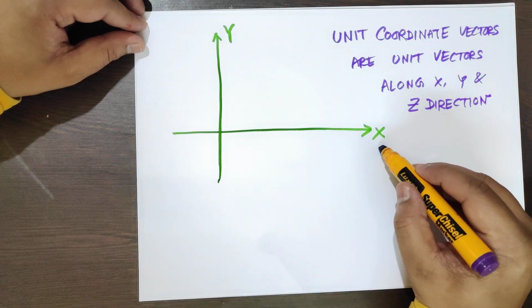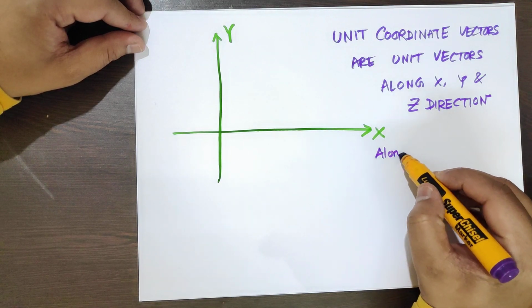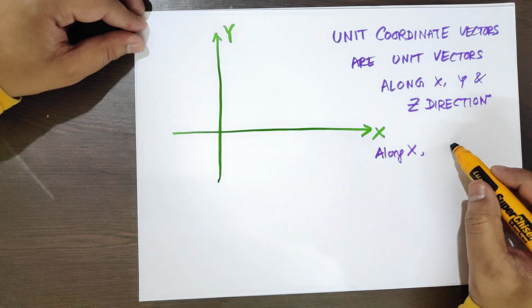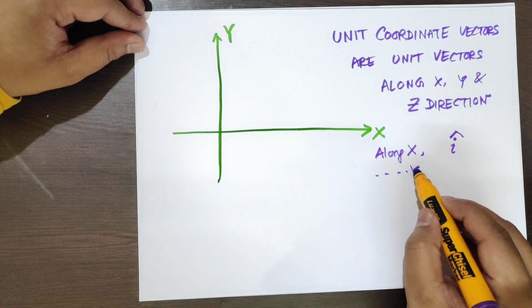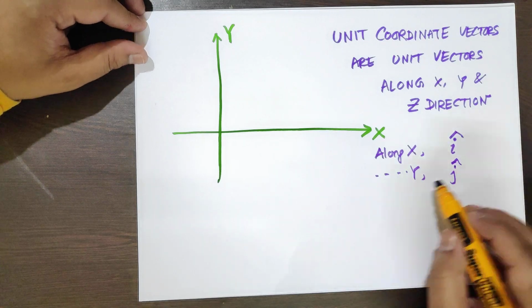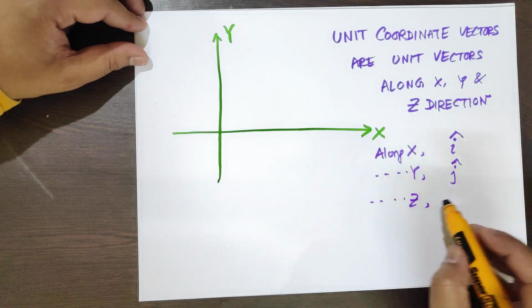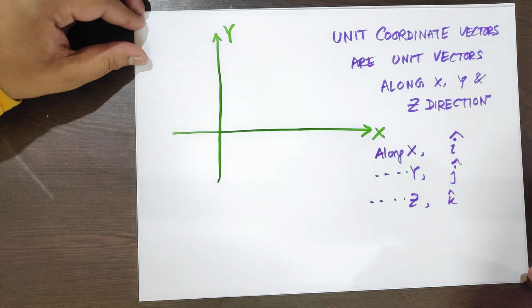That means along x axis it is given as I cap, along y axis it is written as j cap, and along z axis it is written as k cap.